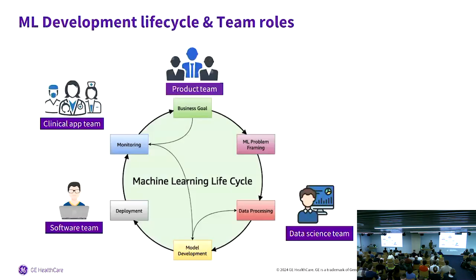So I'm going to very briefly discuss the life cycle of an ML solution and which teams are involved. Usually, the problem starts with the product team. They say, oh, we have a business goal. For example, we have a camera and we want to monitor the patient. That's a problem. They come to the data science team and ask, can you formulate it as a machine learning problem?